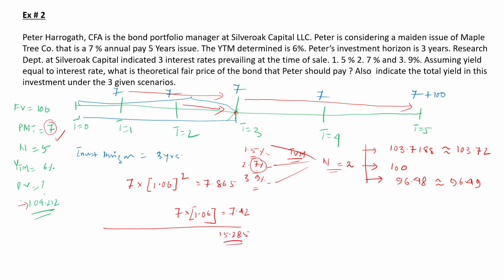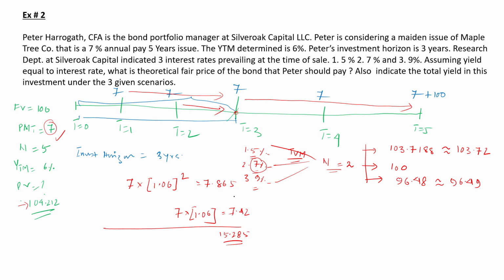Okay. So what we have got here now, Peter, we will simply summarize the problem now, and we will proceed towards the final answer. So first we found out the theoretical fair price of the bond at the issuance itself, and that is 104.212. This is what Peter should be paying at the most as part of his investment.